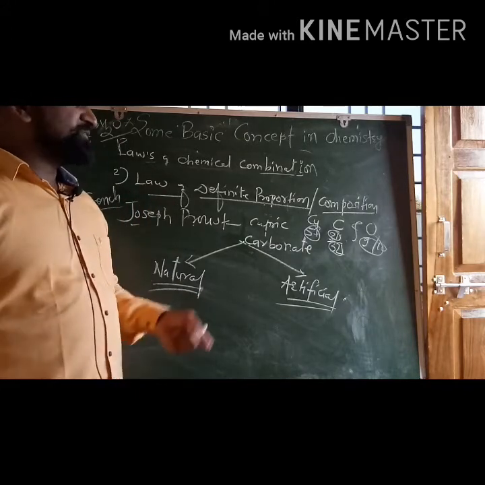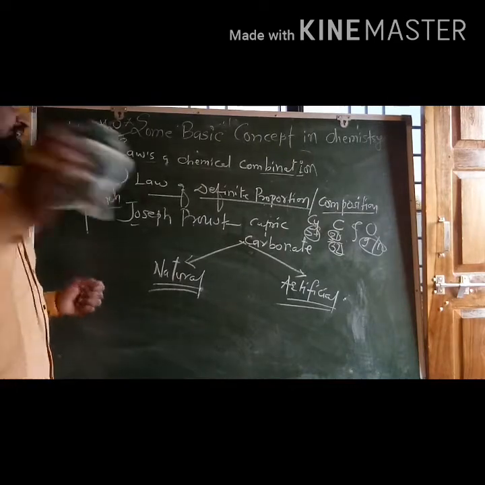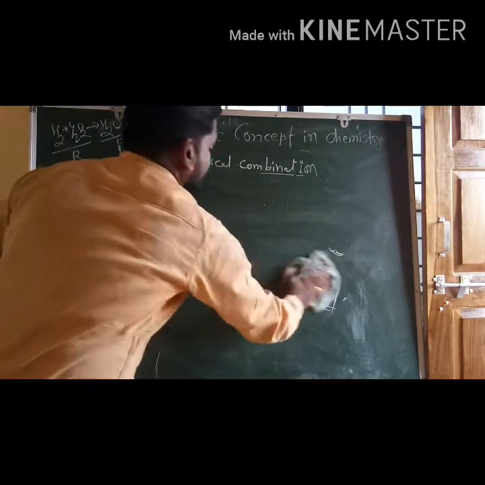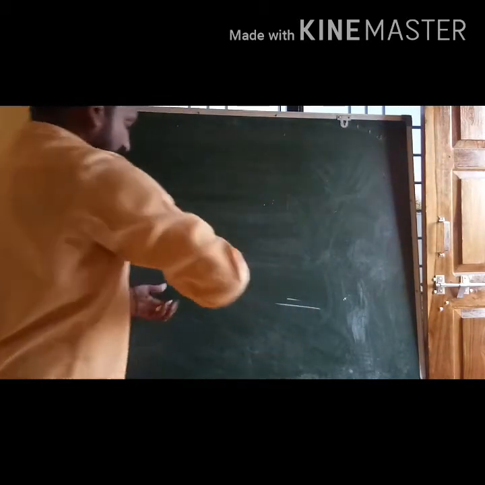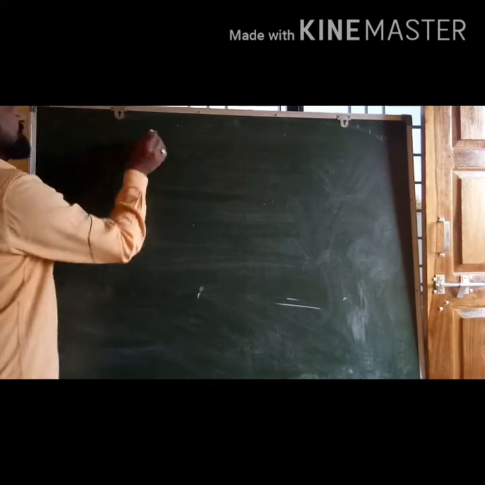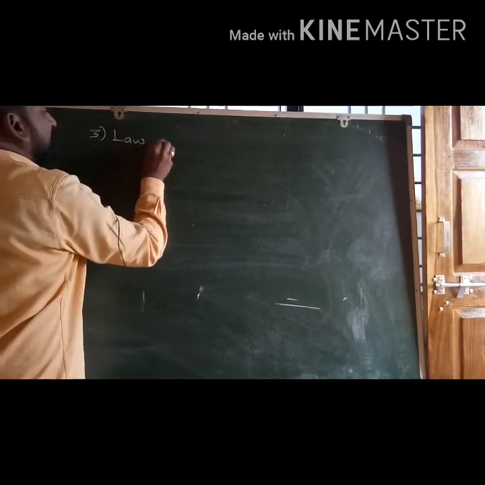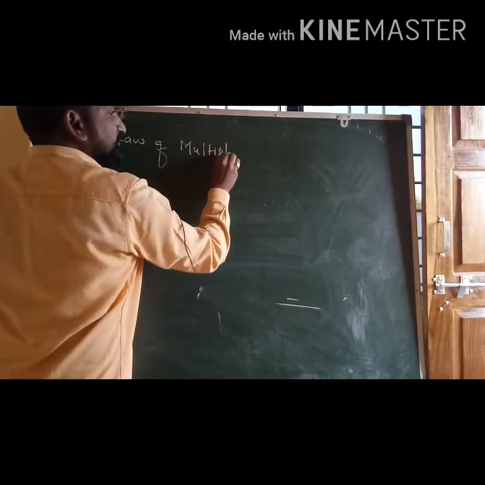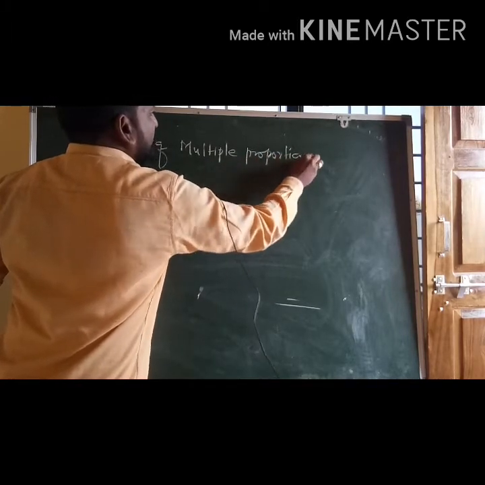After the law of definite proportion or definite composition, we will see the law of multiple combination or law of multiple proportion. So listen carefully to what I am saying, everybody. Law of multiple proportion, number three.